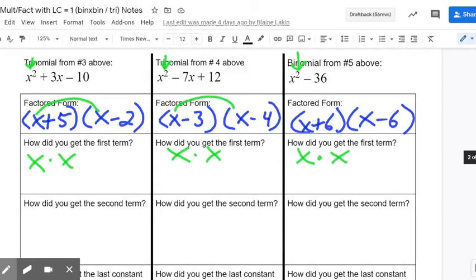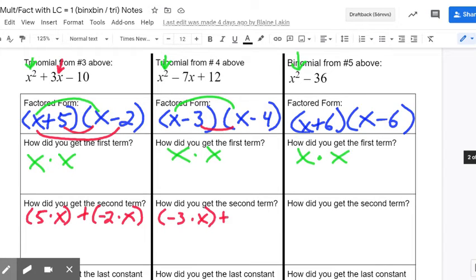Where did we get the second term, or the middle term? 3x came from these two: 5 times x plus negative 2 times x. In the middle here, we got negative 7x from negative 3 times x plus negative 4 times x.